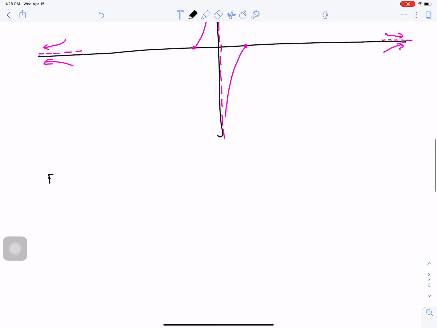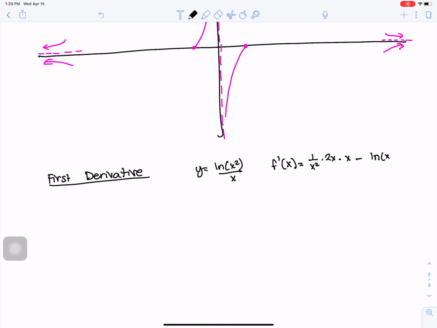We'll do our first derivative stuff. So let's go ahead and take our first derivative of the function. y is equal to ln of x squared over x. Let's go ahead and do our first derivative. This is going to be quotient rule. So f prime of x is derivative of the top, which is chain rule, times the bottom, minus, leave the top the same, the derivative of the bottom is a 1, all over the bottom squared.